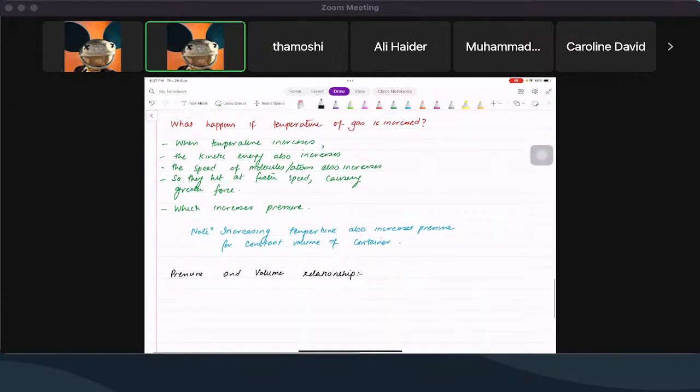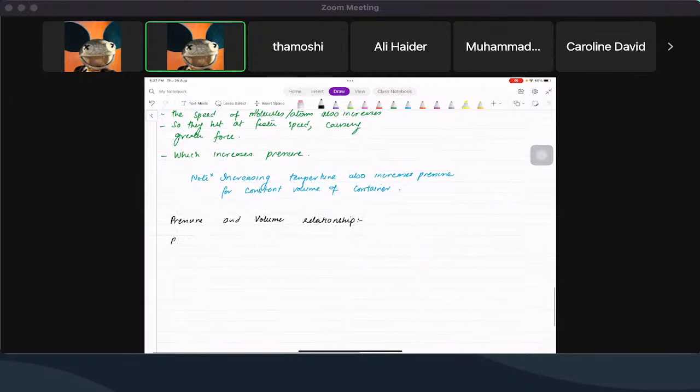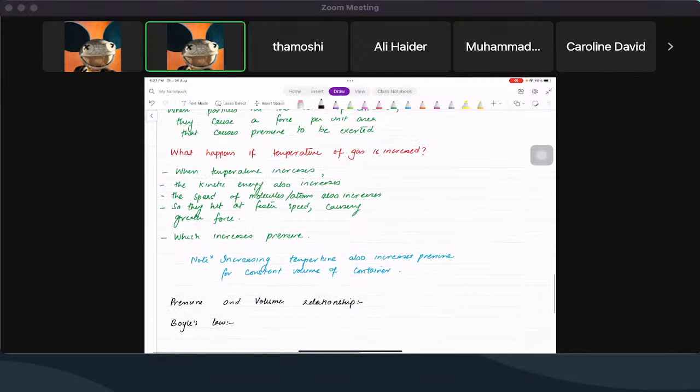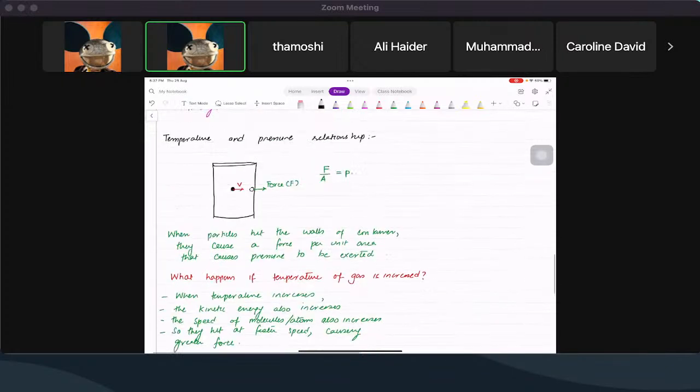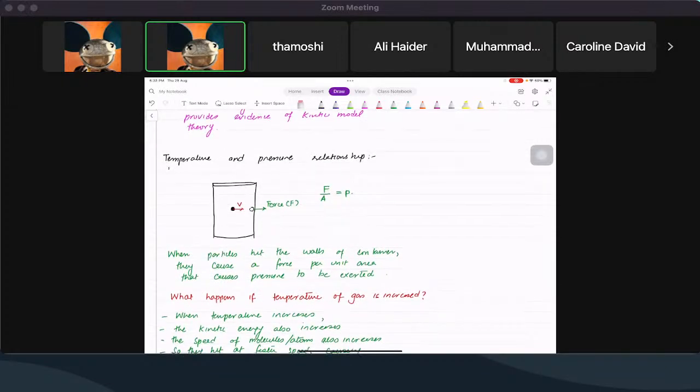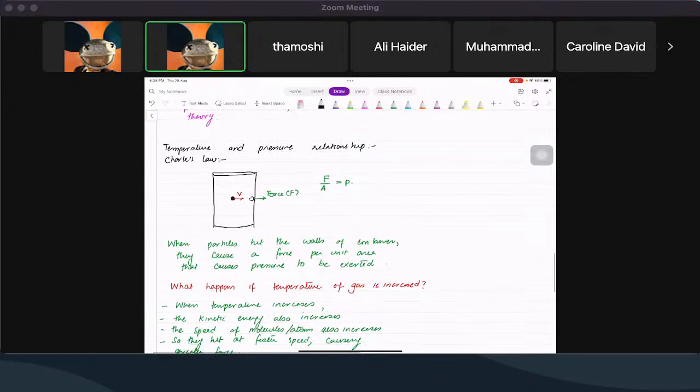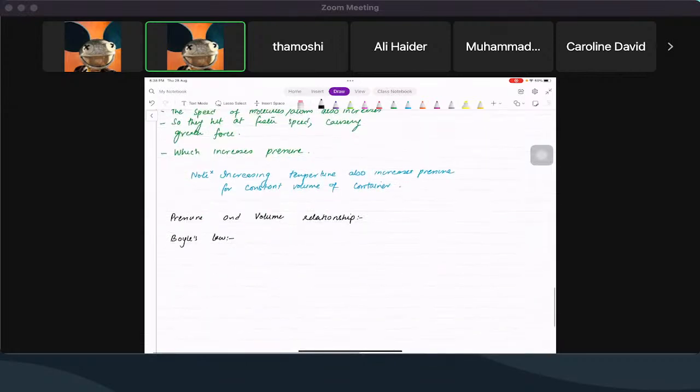And this was given by a scientist whose name was Boyle, and he presented a law, right? The other one, the temperature one, was given by Charles' Law. Let me write it so that you don't forget. Okay, you don't really need to remember the law names, it's fine.